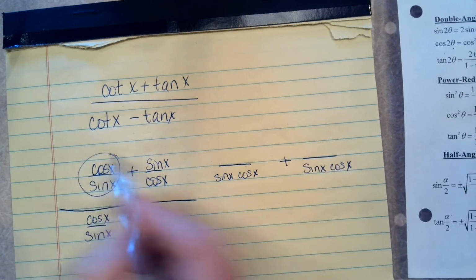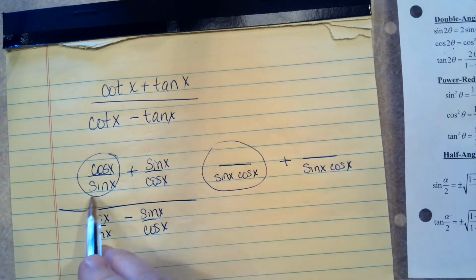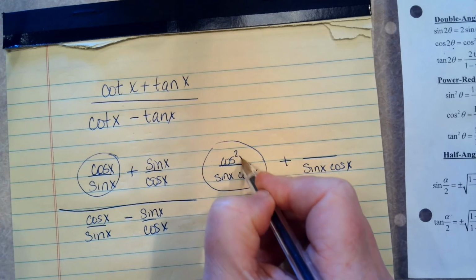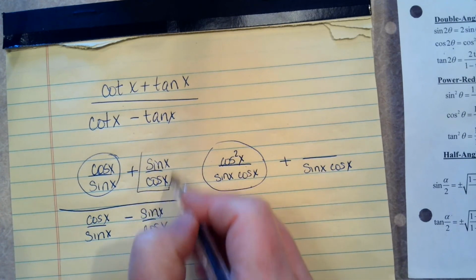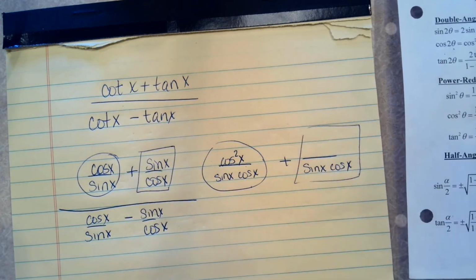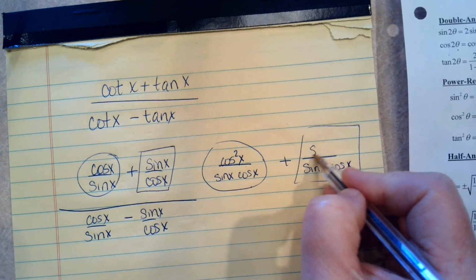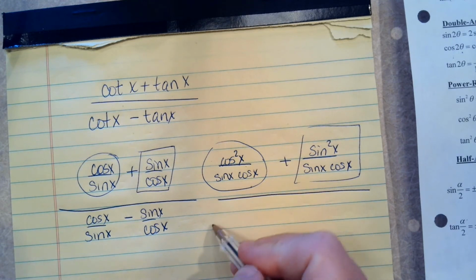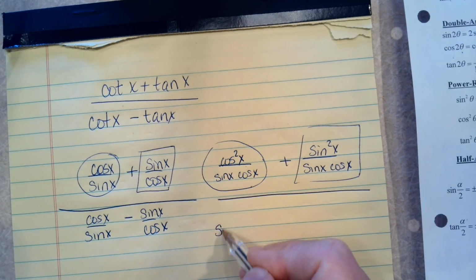So to change this into this, I need to multiply both the top and the bottom by cosine. It's going to give me cosine squared x. To change this into this, I need to multiply both of them by sine. It's going to give me sine squared x. Now I'm going to work very similarly in the denominator here.